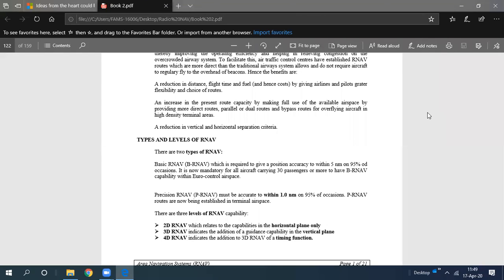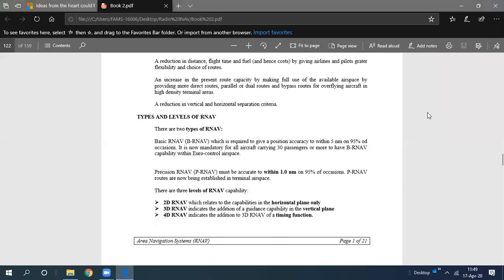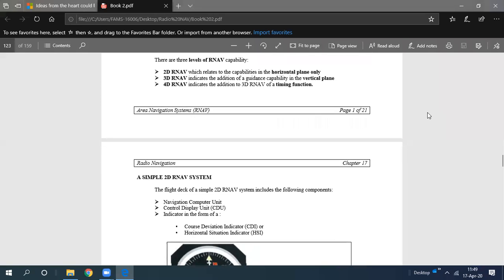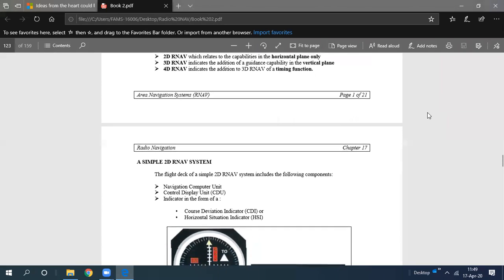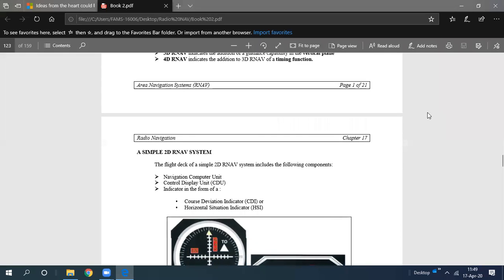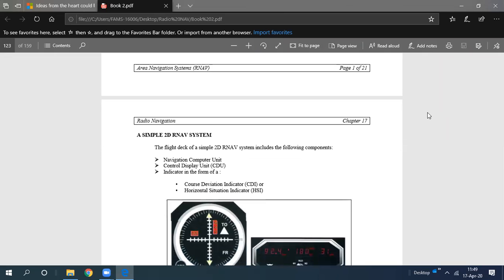When we talk about the basic RNAV, once the RNAV system was introduced, initially the only requirement was co-located VOR and DMEs.